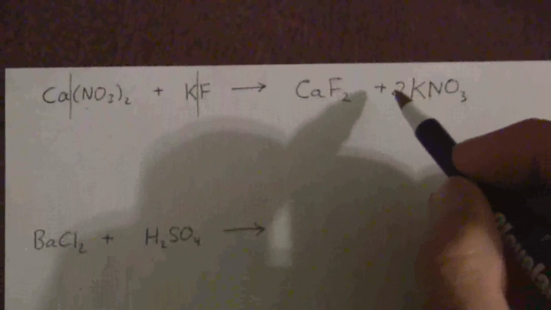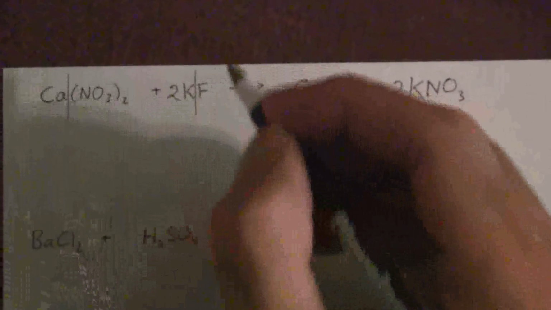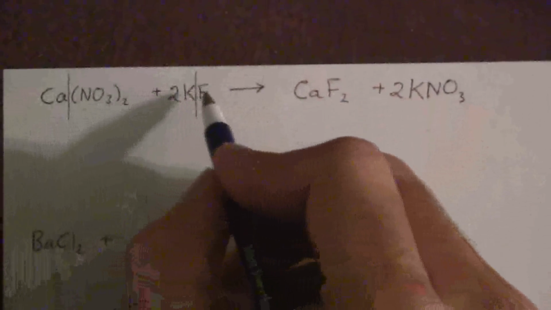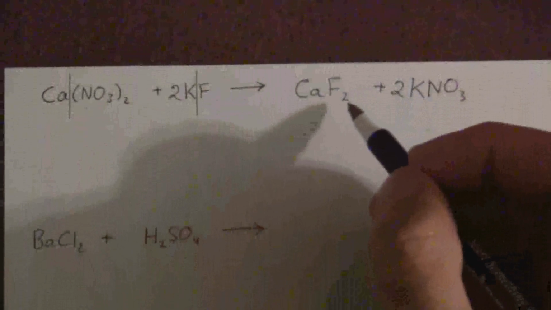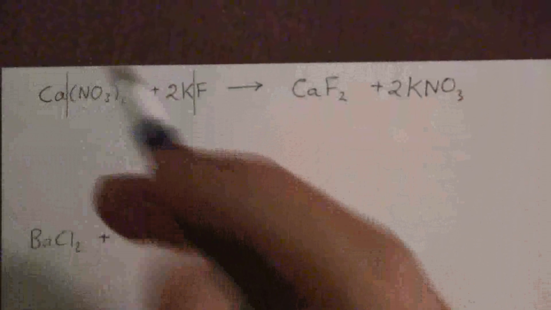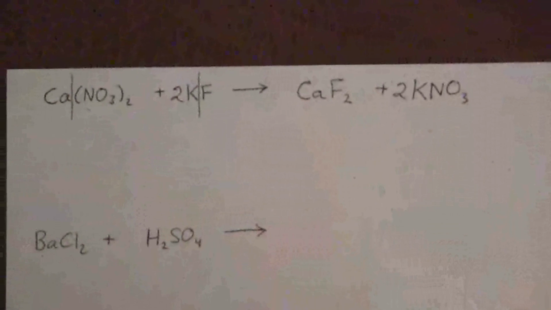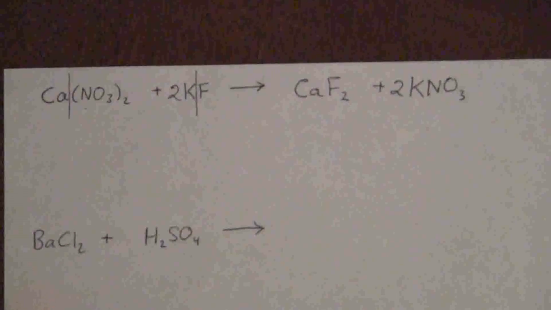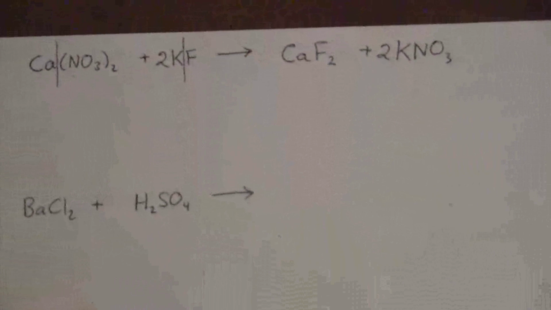Okay, and that gives me 2 potassium ions, which I will balance in that way. That gives me 2 fluoride ions, which I have there, so fluoride is balanced, and then I check calcium is balanced as well. Okay, so this equation is now balanced.